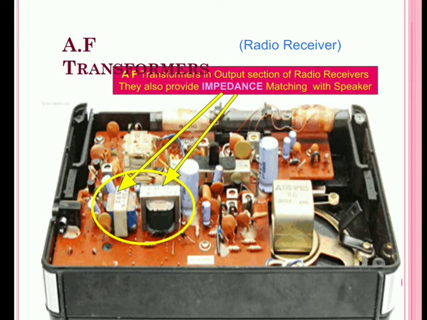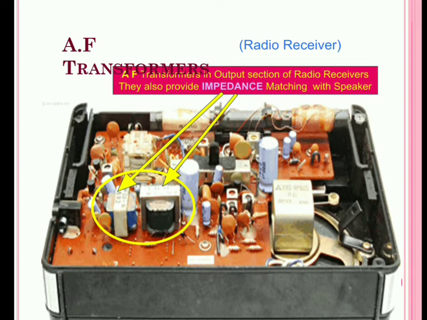One is connected at the input of a push-pull configuration of the final stage of the audio frequency amplifier. That will be used to apply input to the base of the transistors, both the PNP and NPN, for a push-pull configuration. The other transformer collects the output signal from the collectors, one for the PNP, the other for the NPN.